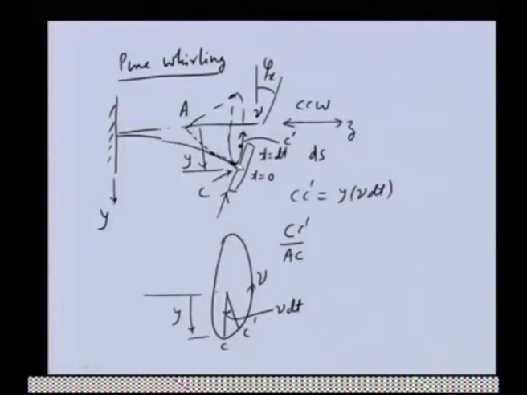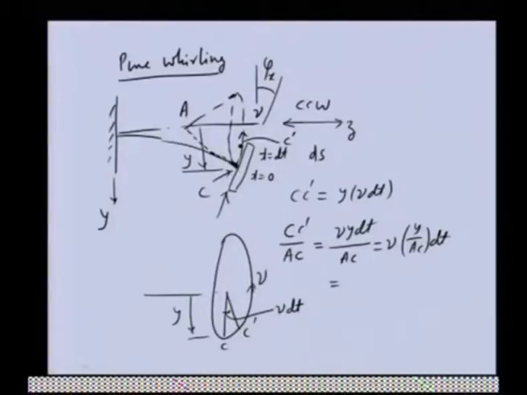So, A to C, this can be written as nu y dt, which is coming from the above expression, and AC, this can be written as nu y by AC into dt. Now, y by AC is, y is this distance, AC is this.